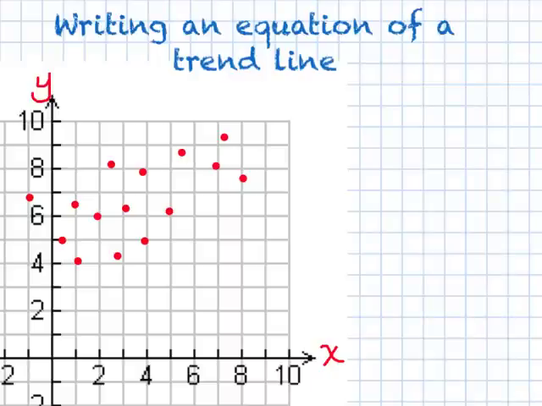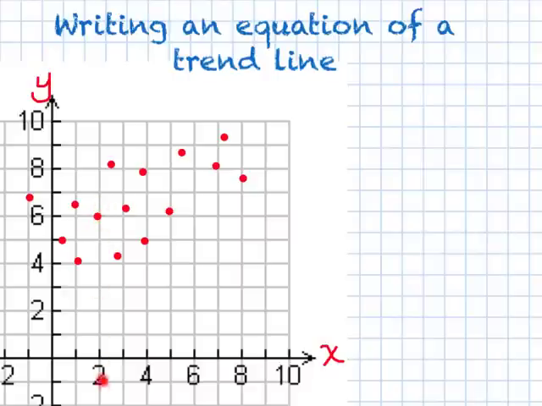Writing an equation of a trend line. You will be asked to do this, and the first thing that you need to do is actually draw in a trend line. How I like to do this is I try to look for 2 points that are clearly defined. I notice right here, this point is right in the middle.